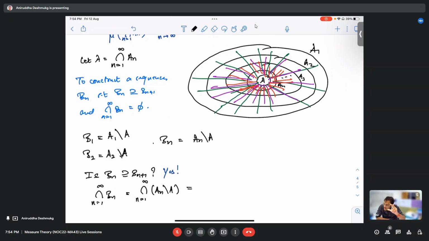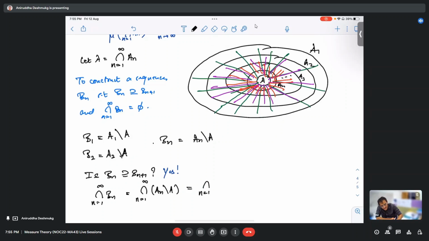Okay, can you just expand A and difference A for me? Yes, I think it tends to empty, right? Why? Let us try to write the definition.